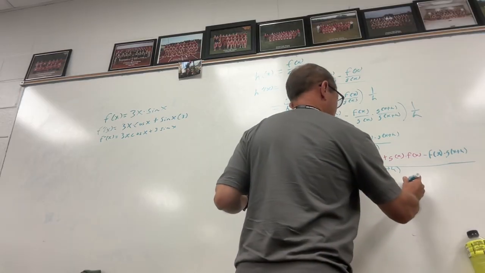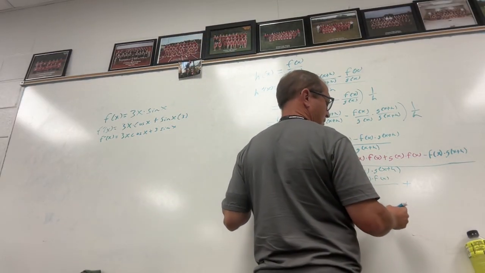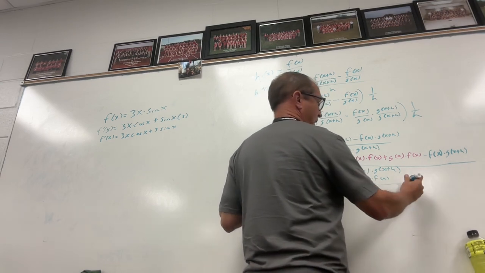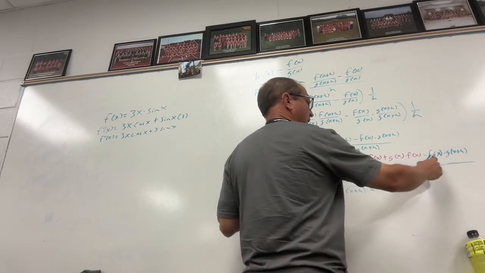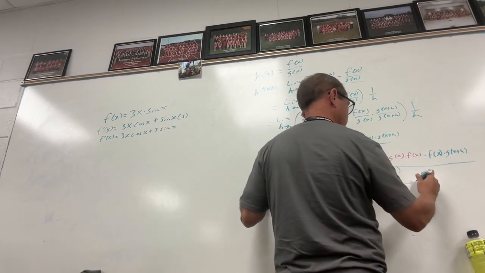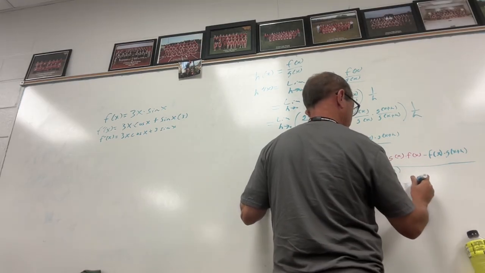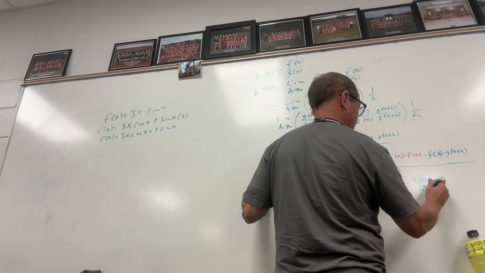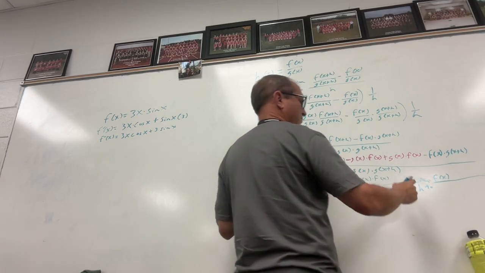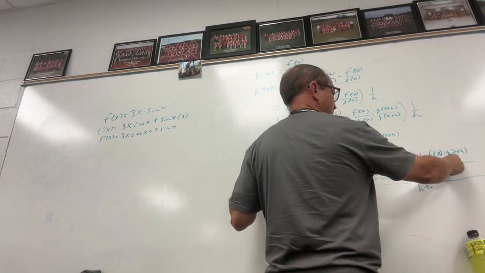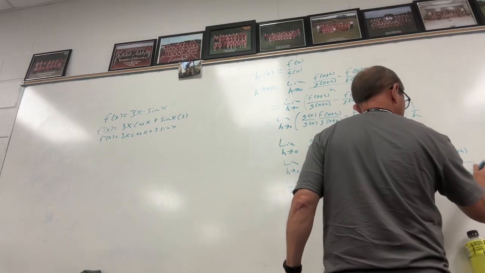and then I'm going to add to that. I tell you what, let me subtract. I'm going to factor out a -1 from this. Actually going to factor out a negative f of x. So if I factor out a negative f of x, this term becomes positive, so it's g of x plus h.